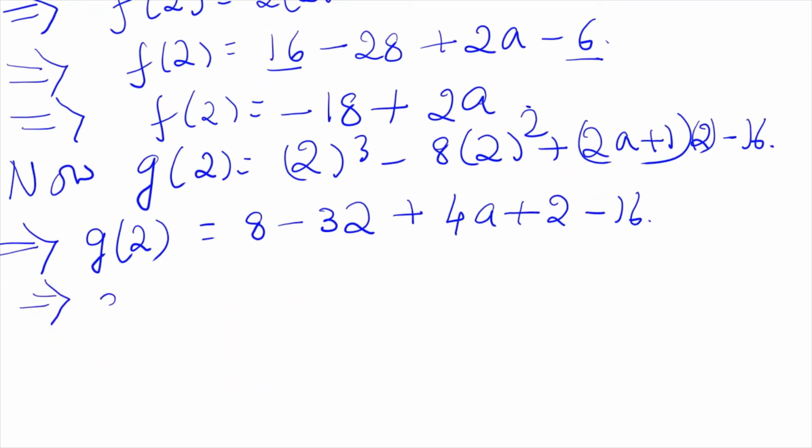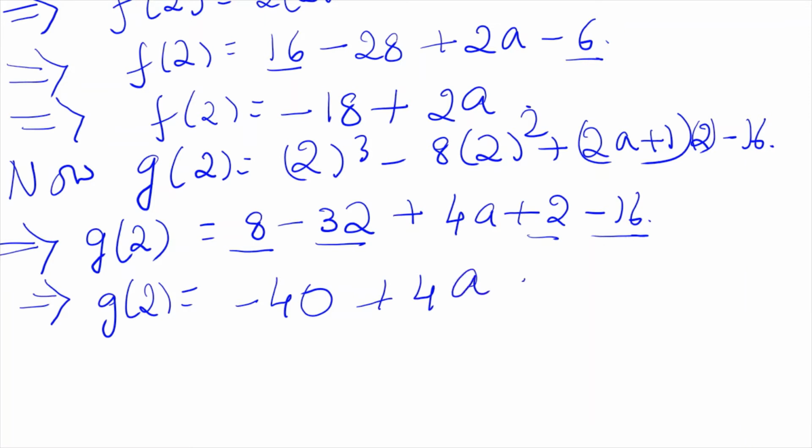So g of 2 is equal to minus 32 minus 16 is minus 48, plus 8 plus 2 is plus 10, so minus 48 plus 10, minus 40 plus 4a.